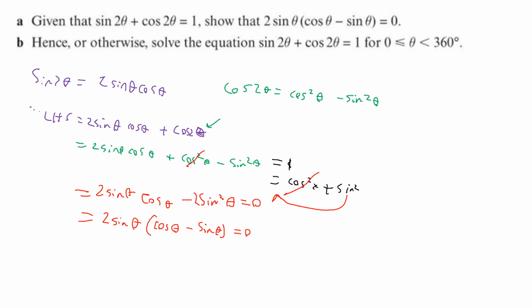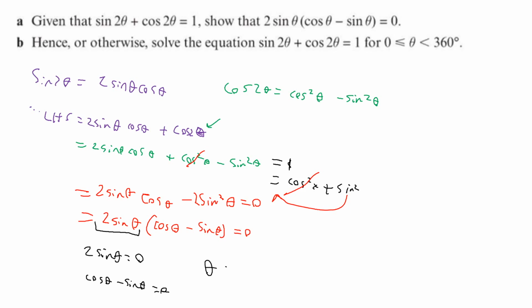Well, we know that 2 sine theta is equal to 0, right? And we also know that then cos theta minus sine theta is equal to 0.